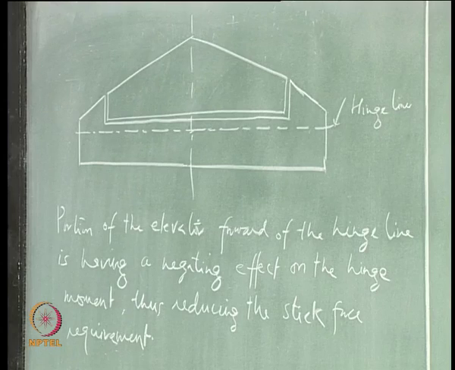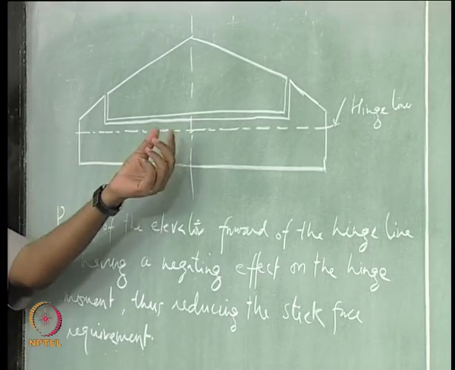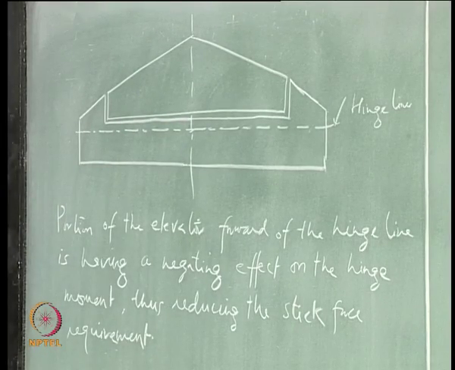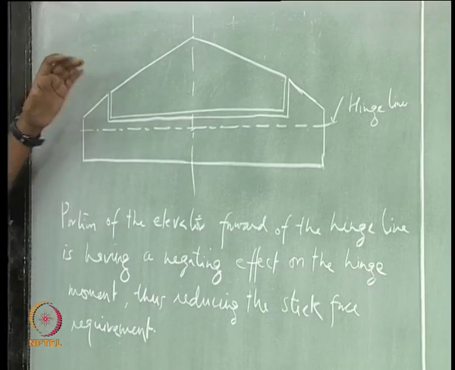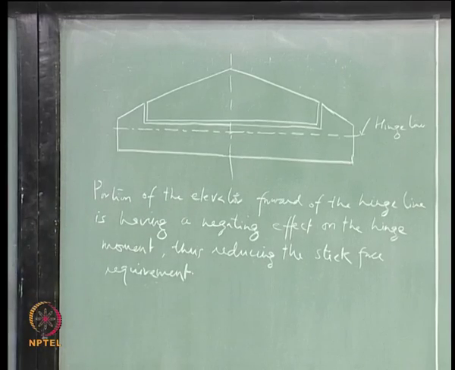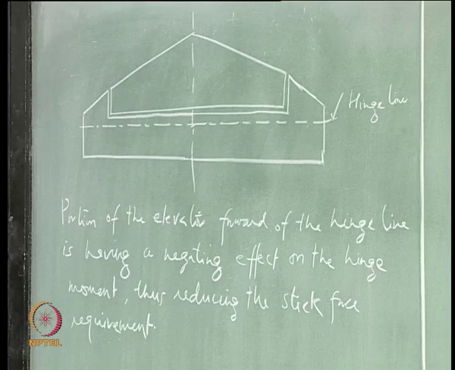Right. So I have to actually decide how much surface I want forward of this hinge line on the elevator, because I want to reduce the hinge moment, because that will reduce the work load on the pilot, isn't it.